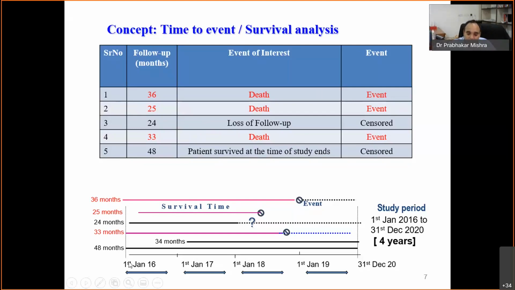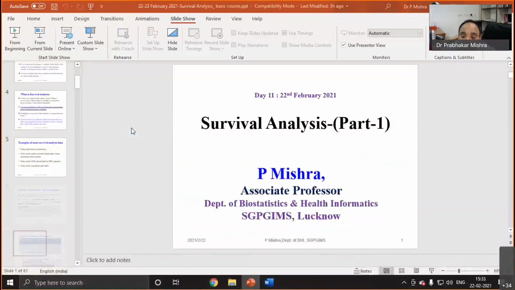Now see this patient, 33 months, but here death occurred. So 33 months, death. And this patient, 34 months, and see here, study end. But what happened? The patient was followed up to study end, but the patient survived. So this is 34 months, but the patient was still alive.